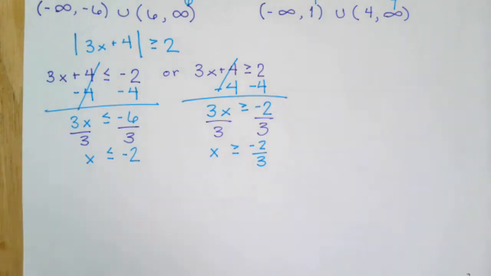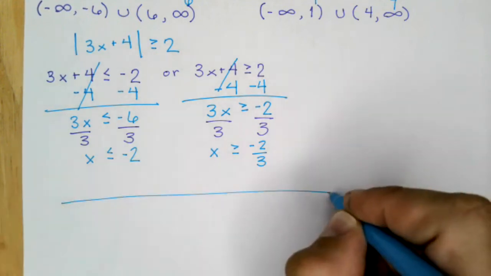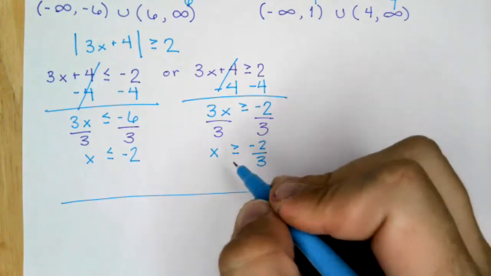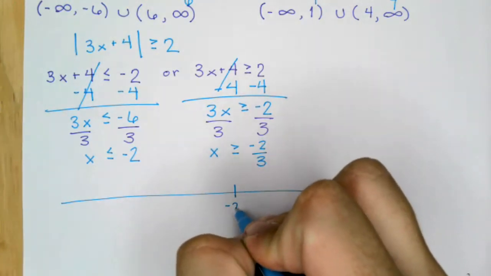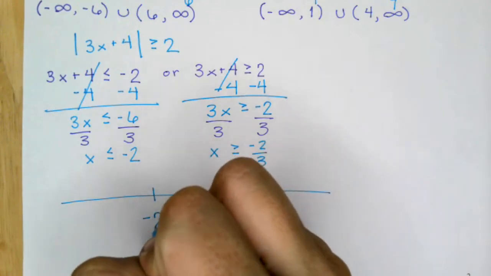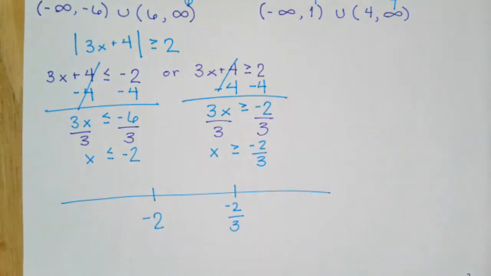Okay, how will I graph this? Which one's bigger? -2/3 is less than 1, right? Less than -1, and -2. 2 is bigger than 2/3, right? So -2 is smaller than -2/3.